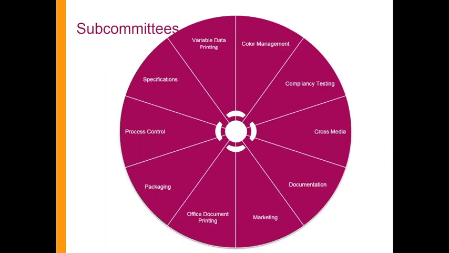So the Ghent Work Group is made up of multiple subcommittees. Today, Leland and I are representing the packaging subcommittee, but you can see there's lots of different subcommittees that are working on different things. One of the ones that's probably been seen or heard of the most is the specifications committee.